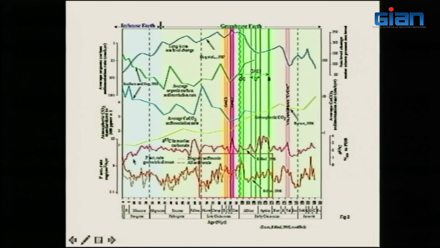Here you can see the different points which correspond to some anoxic events. The first interesting thing is that if you correlate this part of the curve, there is quite a good correlation with the sea level. So phosphorus increases when sea level is increasing. But at the time of the anoxic event, you can see that phosphorus is decreasing.